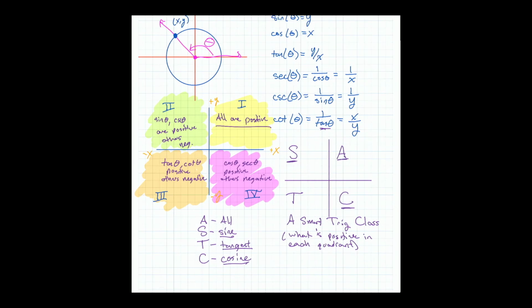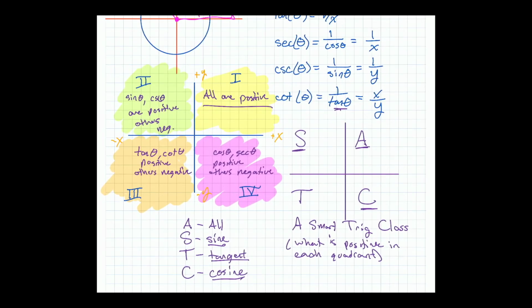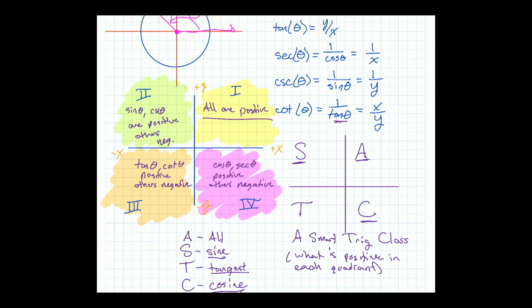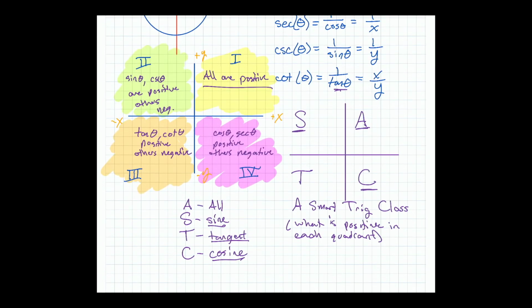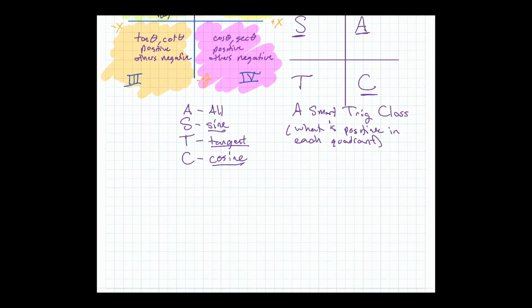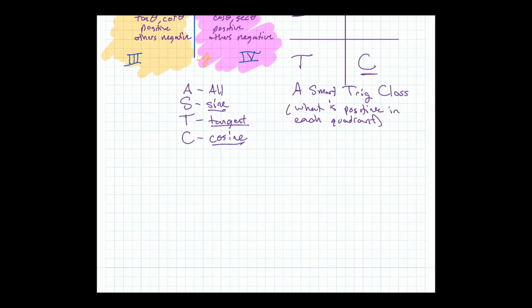Okay, so let us continue on. So that is going to be how to find the sign of a trig function in each quadrant. So let's do some examples.